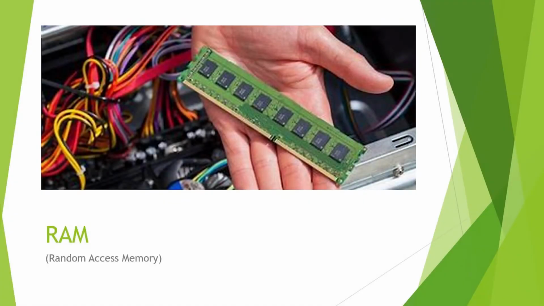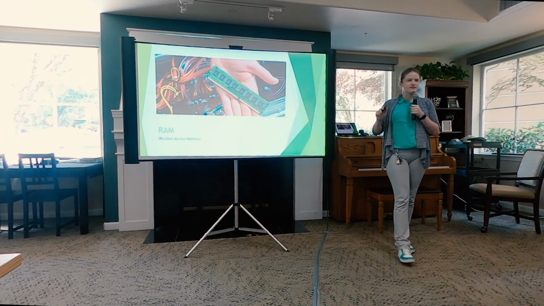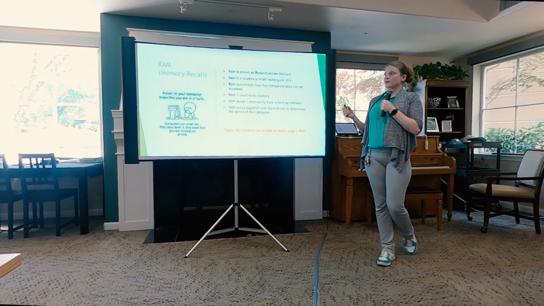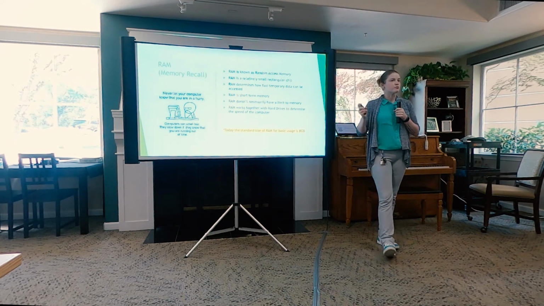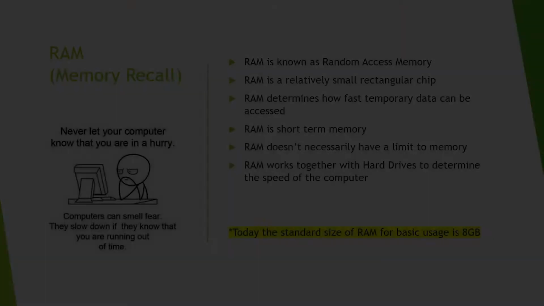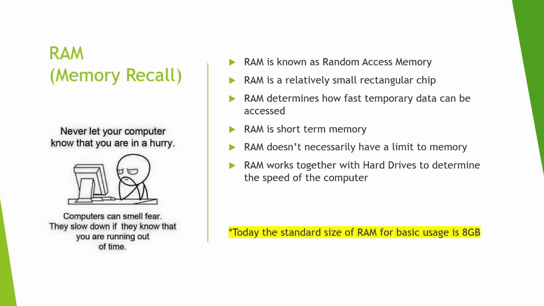Next component is RAM. RAM stands for Random Access Memory. It is memory, but it's not the same as a hard drive. It does it a little bit differently. RAM is memory recall. It's kind of the short-term memory of a computer.